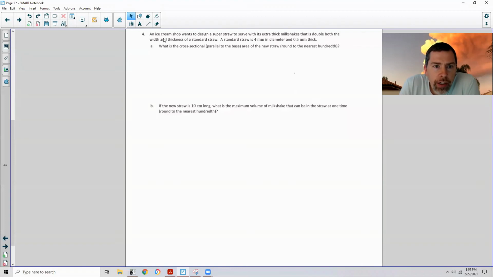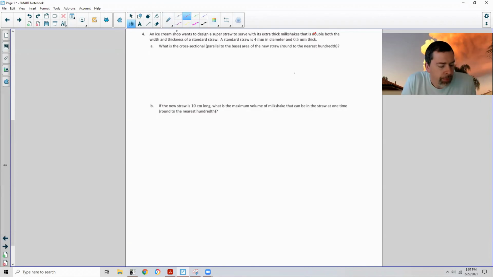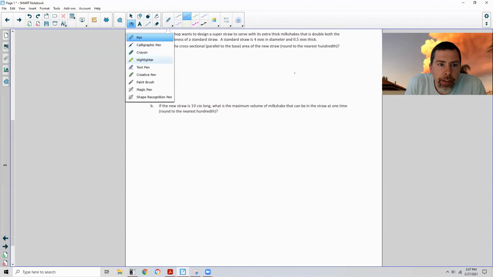Okay, number 4, an ice cream shop wants to design a super straw to serve with its extra thick milkshakes. Okay, that is double, I tried to do my highlighter here.